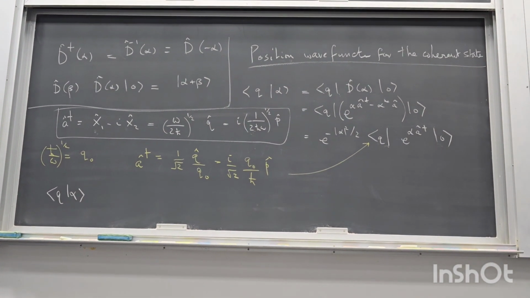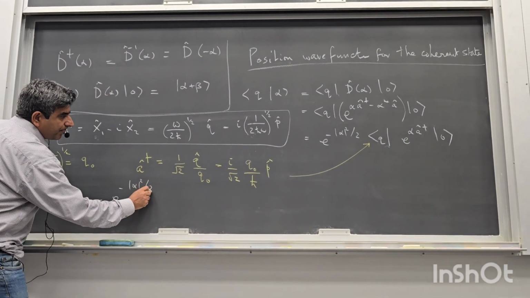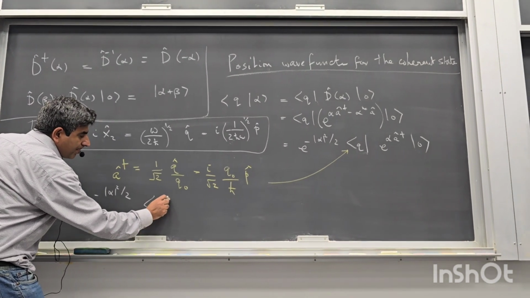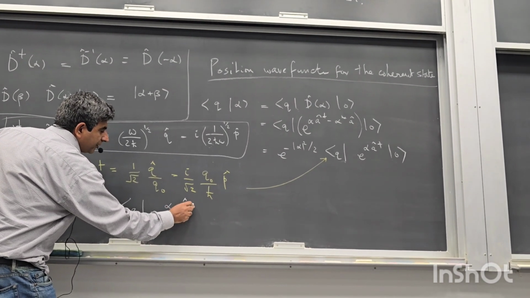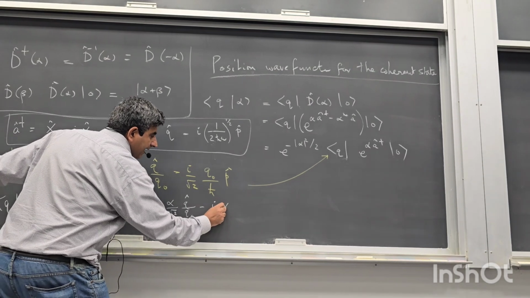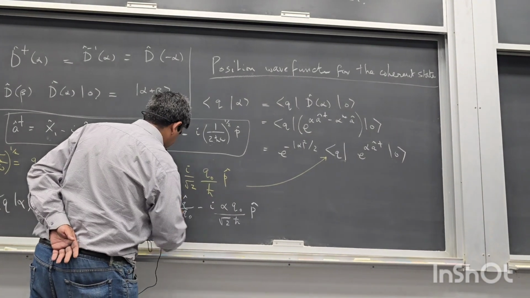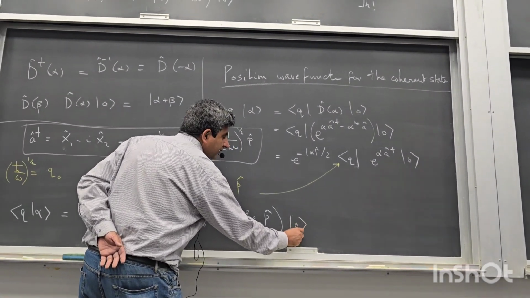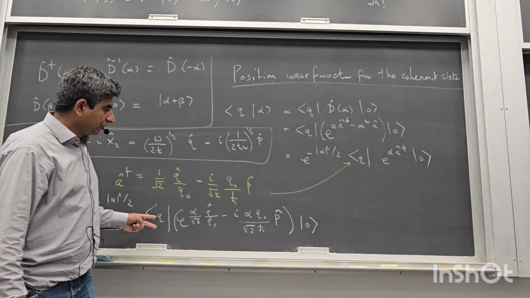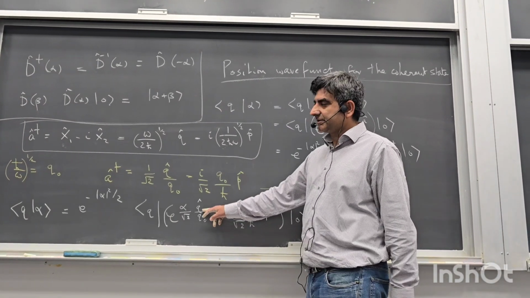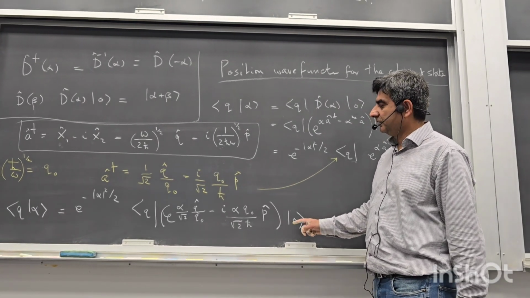So this wave function in the position representation looks like this: e^(minus |alpha|^2 over 2) <q|e^(alpha over root 2 times q over q naught minus i alpha q naught over root 2 h bar p)|0>. Now this is a differential operator, this is just a position operator, so I can move this bra around and I can put in the wave function for this state.